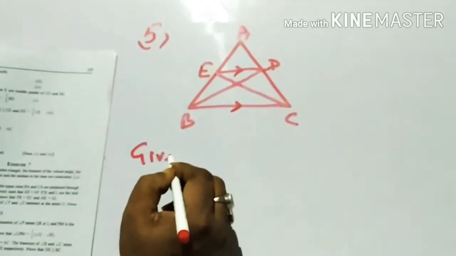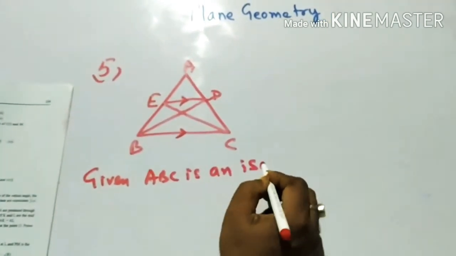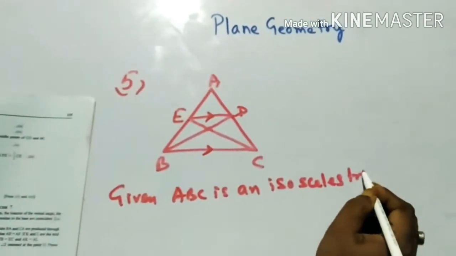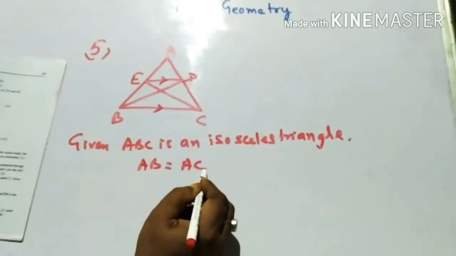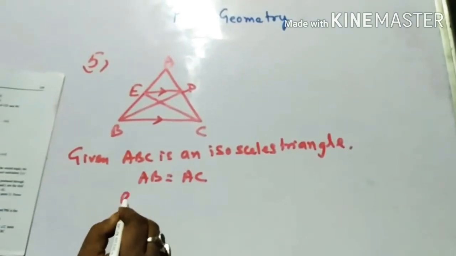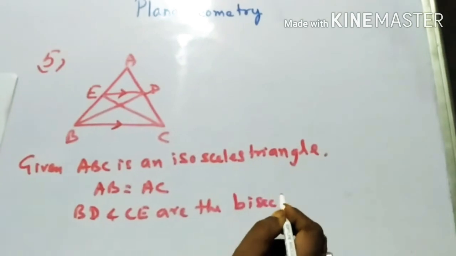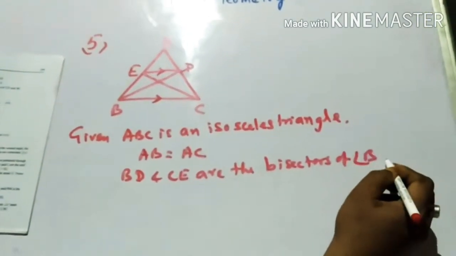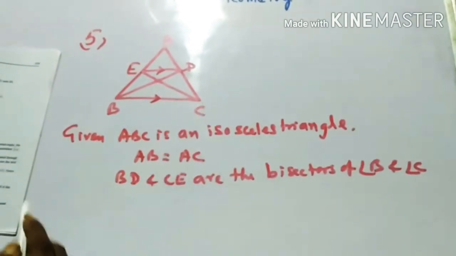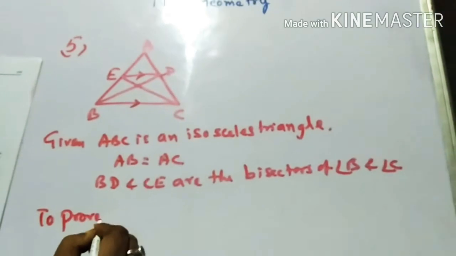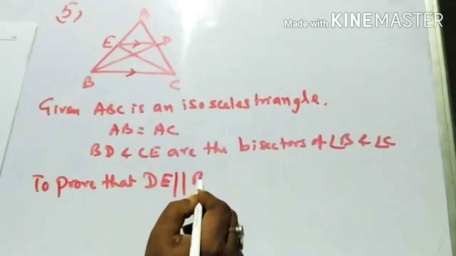So it is given that ABC is an isosceles triangle, and AB equal to AC, and BD and CE are the bisectors of angle B and angle C. BD is the bisector of angle B and CE is the bisector of angle C. To prove that DE is parallel to BC.